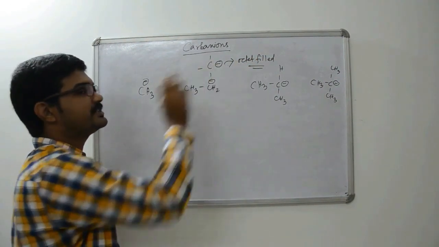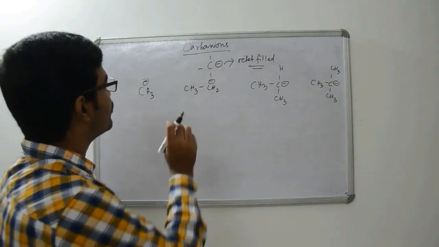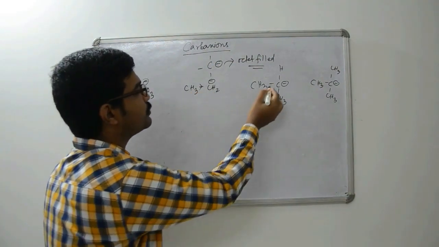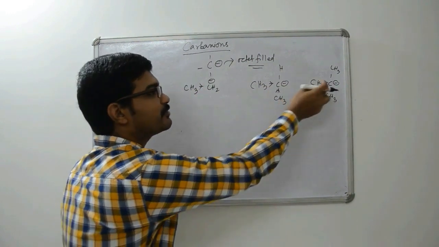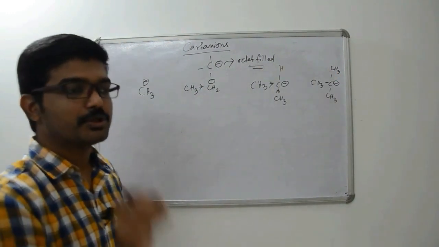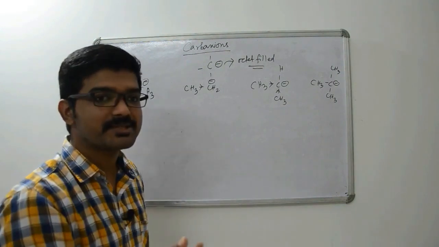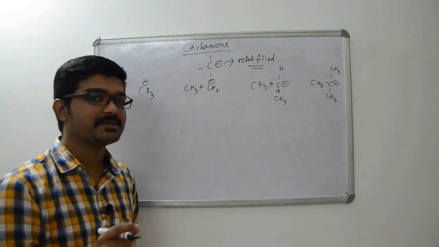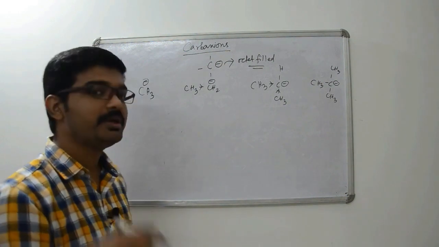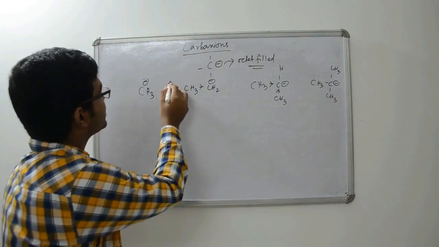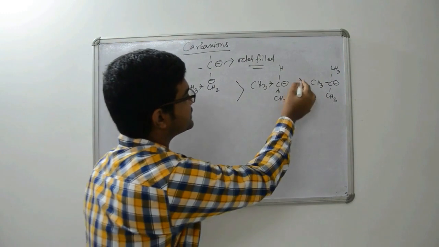So electron density is already high. Now the more the number of plus I groups, the more will be the electron density in these carbanions. So the more the electron density, it will automatically get destabilized. So in case of carbanions, the order will be reversed. So the order will be like this.